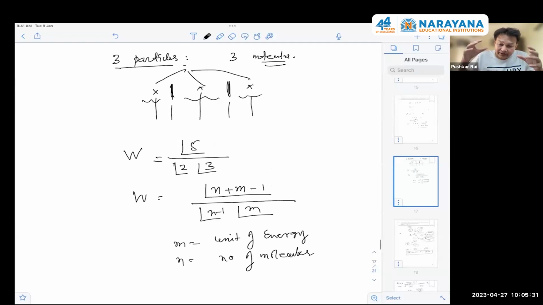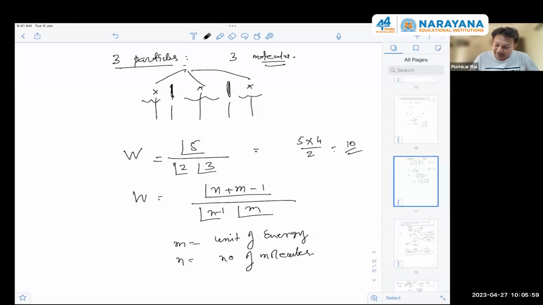If you have only 3 molecules, how many ways are there? Factorial 5 over factorial 2 factorial 3 is equal to how much? 5 into 4 divided by 2. There are 10 ways of distributing this. That gives rise to entropy. The more uncertainty there is, the more the entropy. That's called W, the number of equivalent ways in which the system can be arranged.